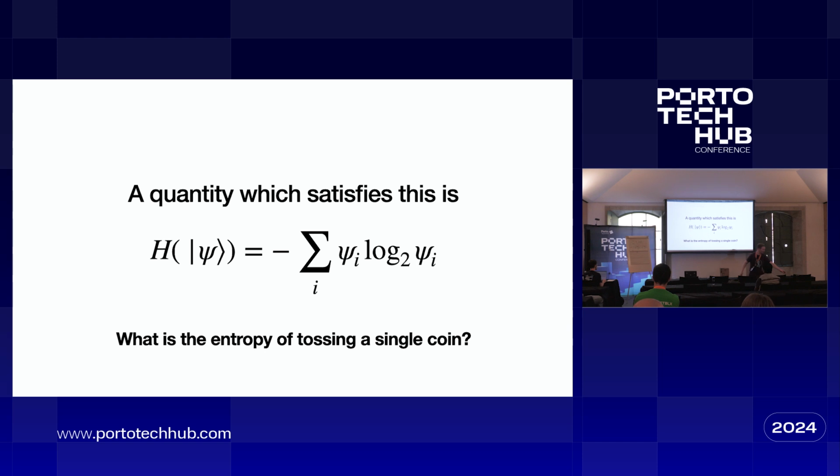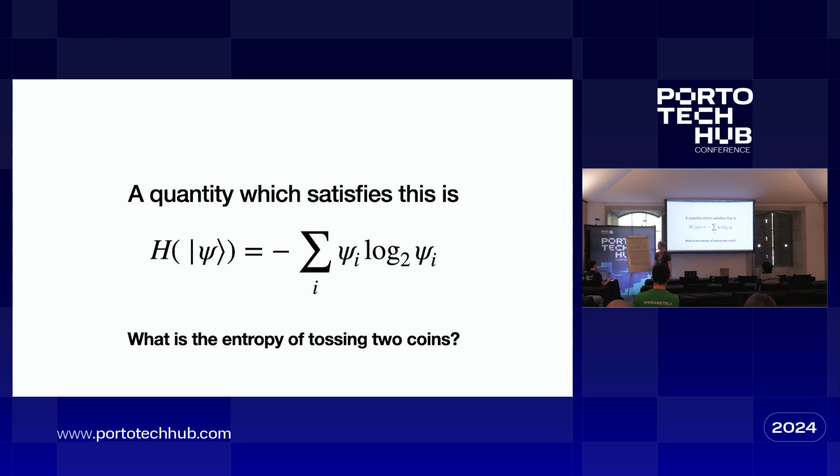Okay, so next. What's the entropy of tossing 2 coins? What are my outcomes? 4. Yeah. I know you know the answers too, okay? Come on. Okay, so we have a sum of 4 terms. We have a negative out the front, which is annoying.